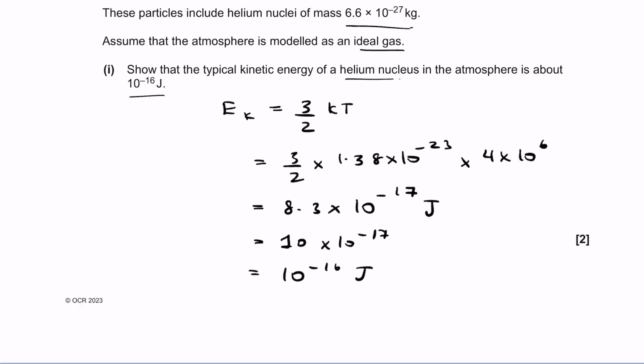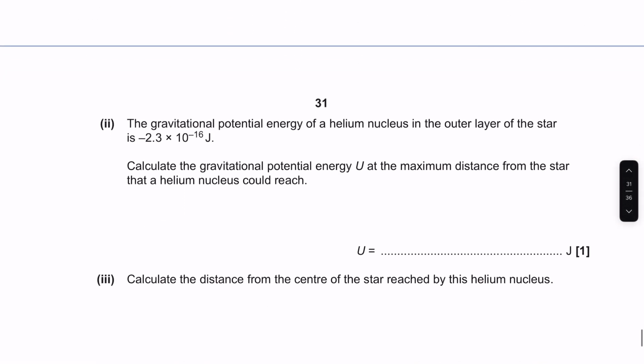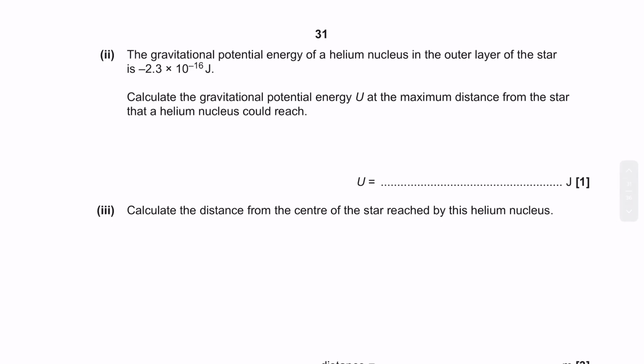Okay, so part II says the gravitational potential energy of a helium nucleus in the outer layers of the star is minus 2.3 times 10 to the minus 16. Calculate the gravitational potential energy U at the maximum distance from the star that a helium nuclei could reach. Okay, so we know that this is at the outer layer, minus 2.3 times 10 to the minus 16.